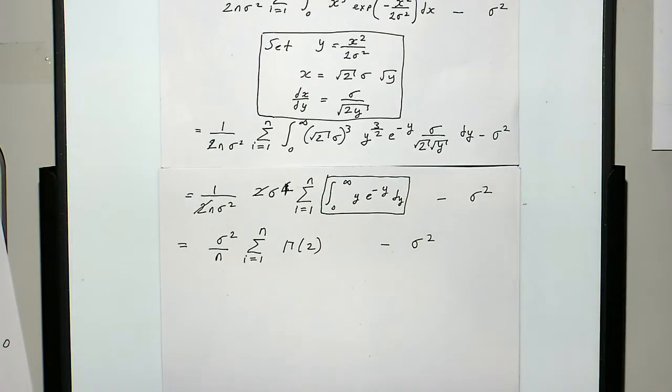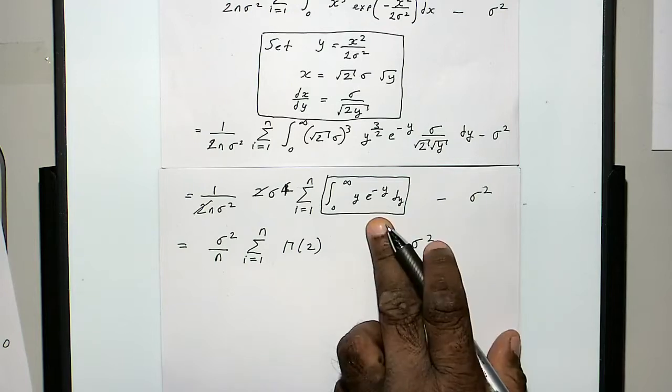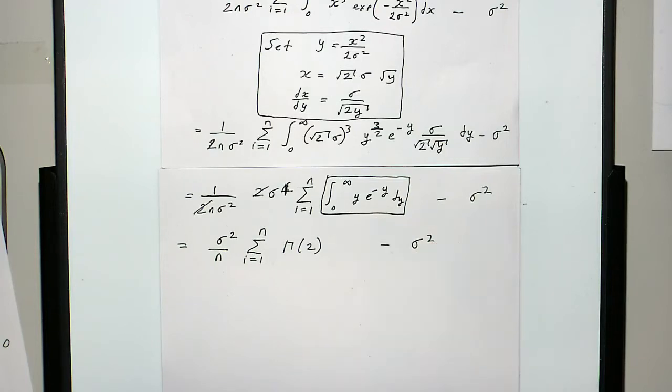Let me show you where it is. The gamma function is this one here, right? This is the definition of the gamma function. All right? So using this, you can write this integral as gamma function at 2, right?